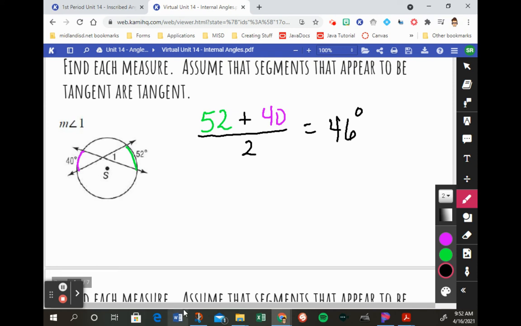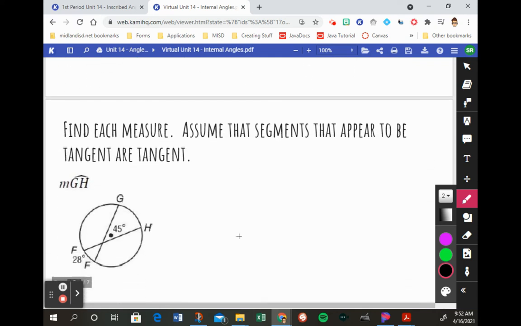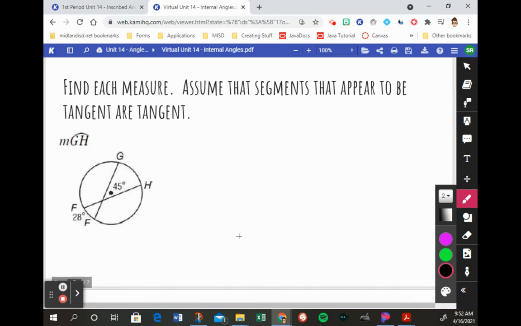Let's try another one. Oh, this one's a little different. Remember, we want arc 1 plus arc 2 divided by 2 to give us the angle. Okay, we've got arc 2, but we don't have arc 1.